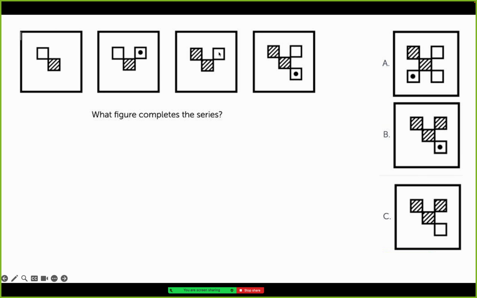Dot will become white, white will stay like that, and white will become hatch. So starting with a dot, then the dot will become white, and then the white becomes hatch. For example, here, that is the order. So for the next step, the dot should become white. There is no doubt in it. So dot always becomes white.